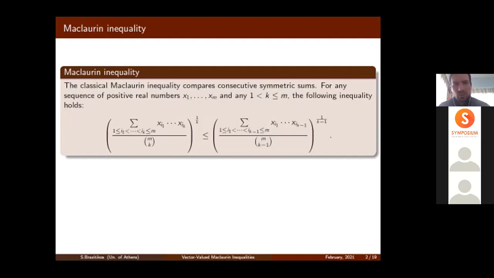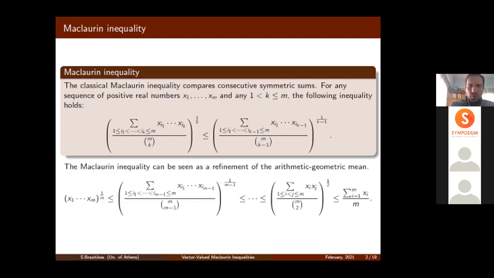The Maclaurin inequality compares these two means, and it says that the (k minus 1)-th mean is bigger than the k-th mean.